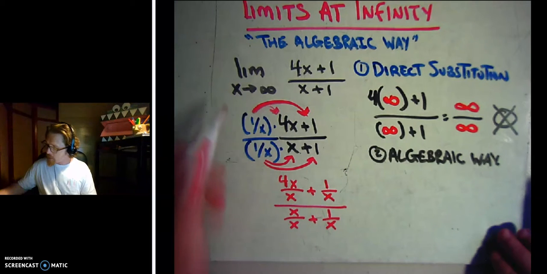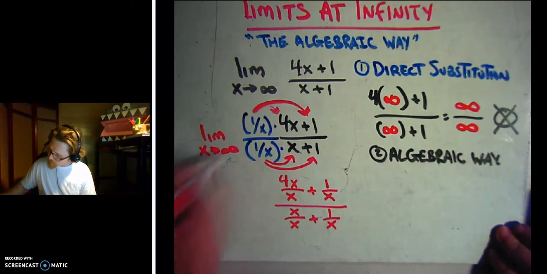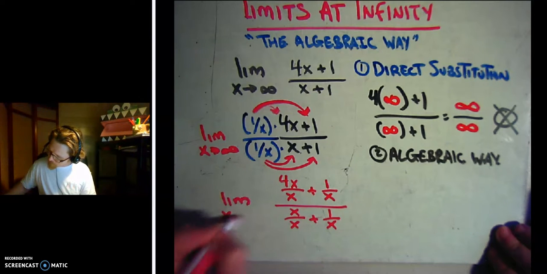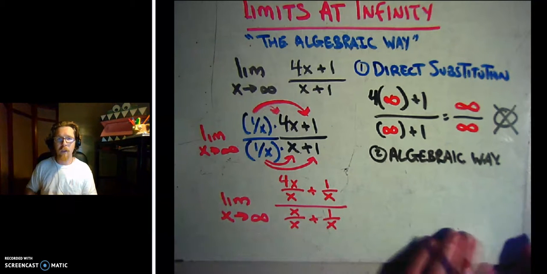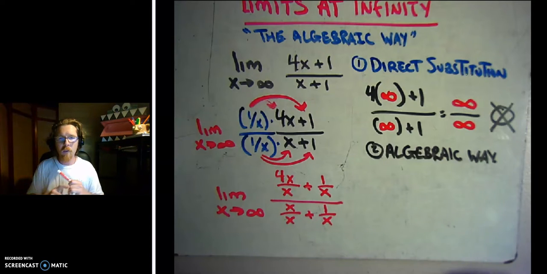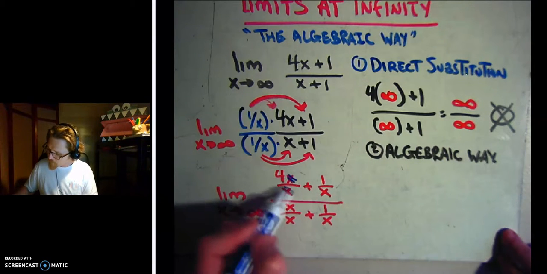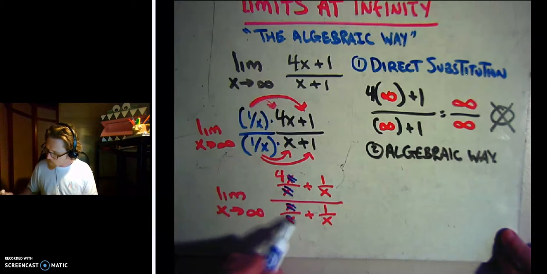And I'm still taking this limit. The limit as x approaches infinity is still there; I'm just manipulating my function. Now I can do some algebra here. I have the same value on top and bottom, so they're going to cancel each other out and become 1.